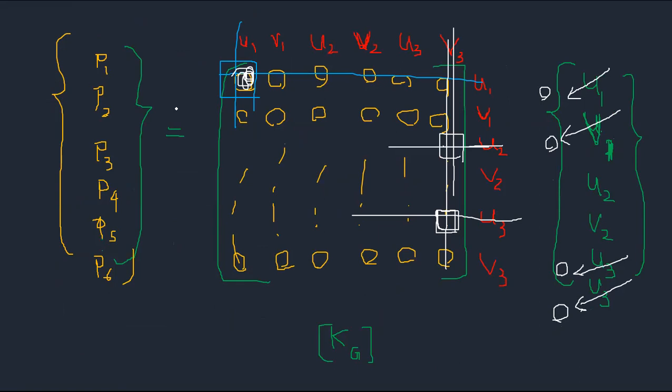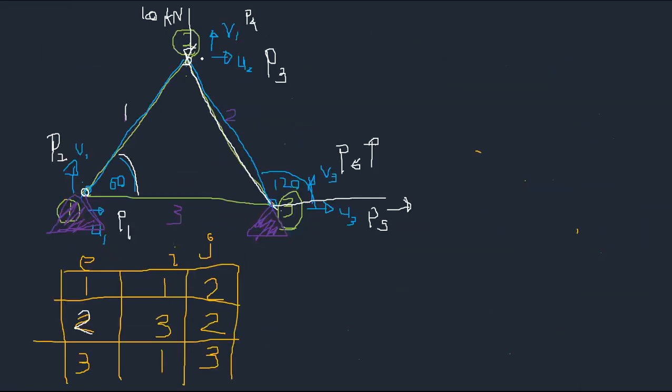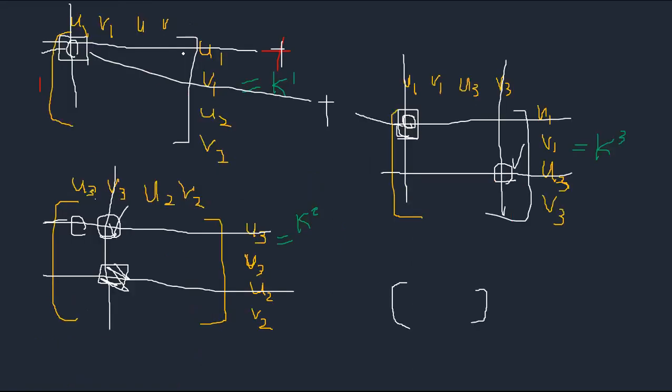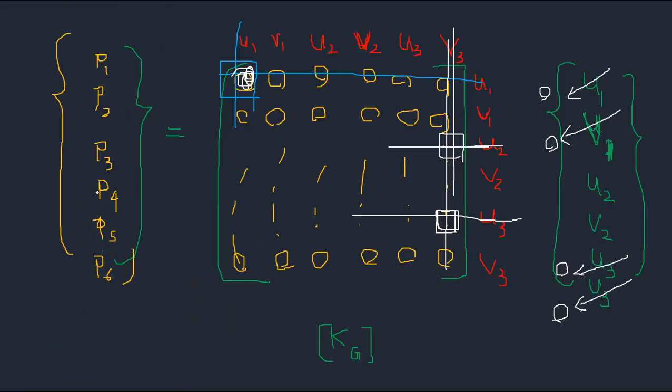And if there's a load, you have to determine it. At U2, V2, you have a load in the minus y direction. In the second direction, it's minus 10 kilonewtons, right?